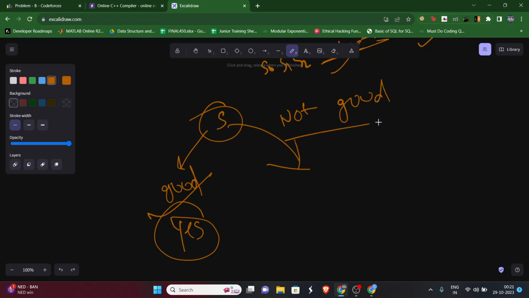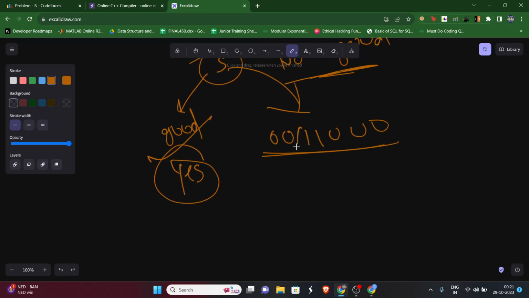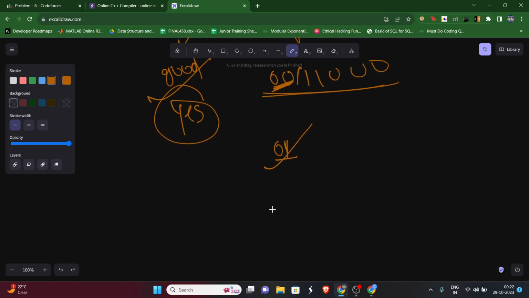We know that S always contains 0 or 1, and the condition for a string to be good is that we cannot have two adjacent characters the same. So if something like this is 0 1, then it is good. Let's see one example.